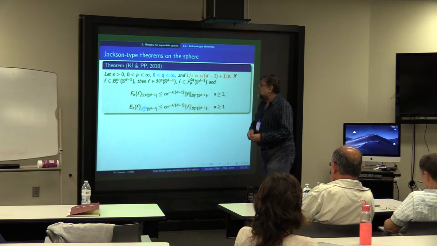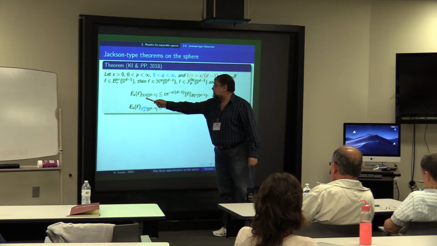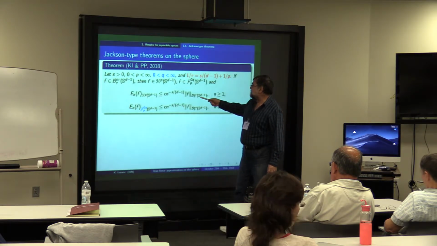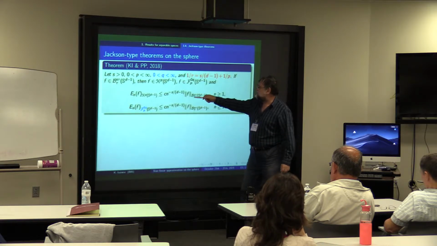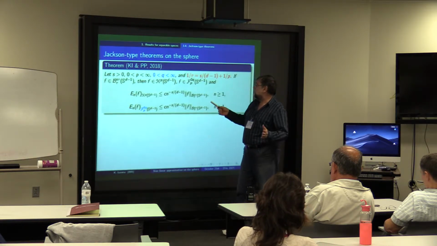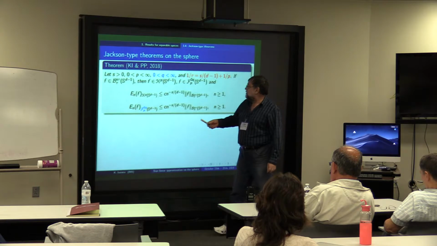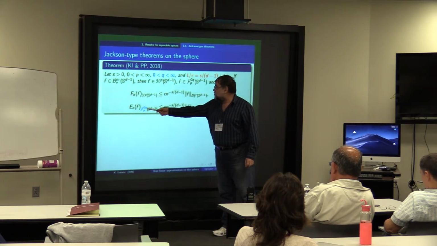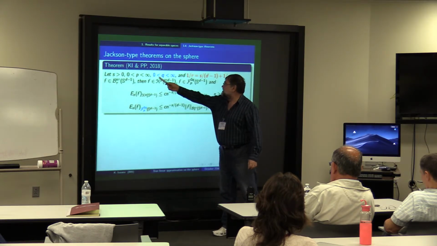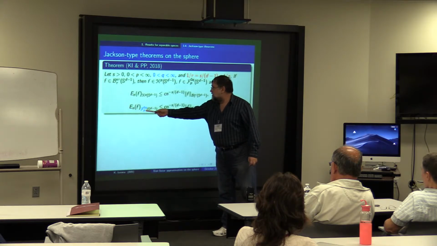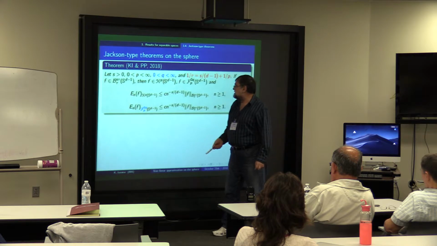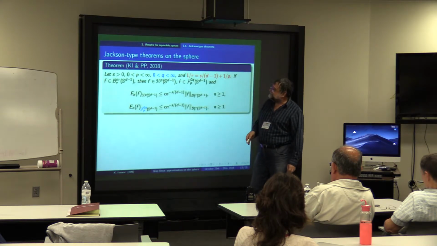Now, best approximation of the Hardy space, the same theorem as before, but these are the spaces on the sphere here. And also, for q between 0 and infinity, if you take approximation on the Triebel-Lizorkin space on the sphere, from the left-hand side, it's the same theorem.